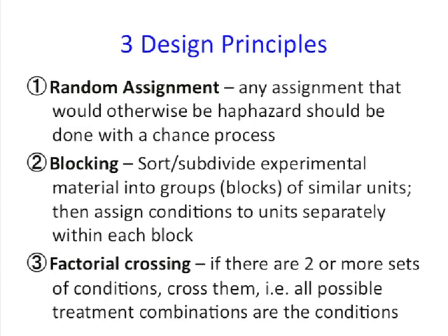The last of the sets of three are three design principles that statisticians or scientists use to design experiments. The first one's random assignment. By that, we do not mean a haphazard kind of assignment. We mean a process, a chance process, like the process of drawing tickets from a box.